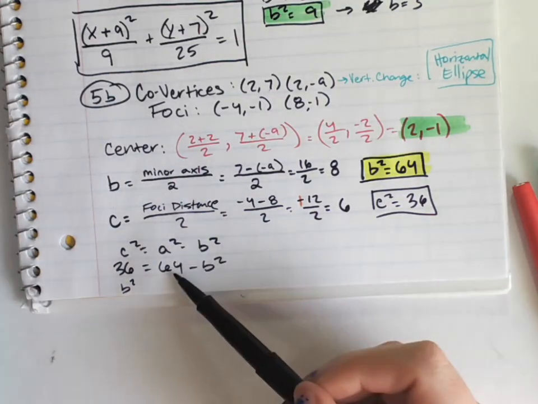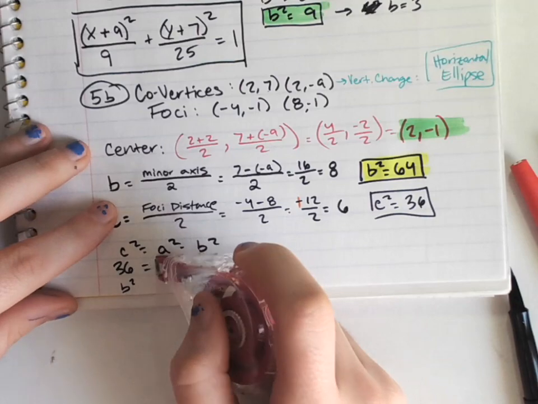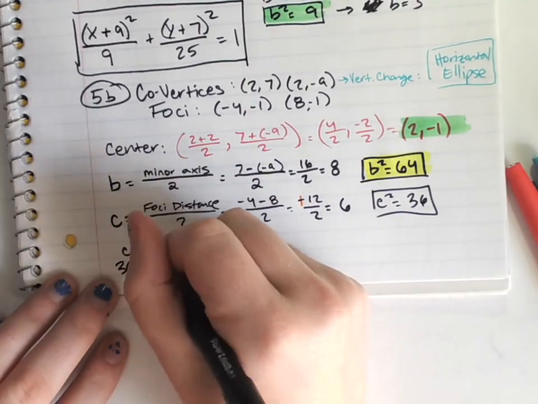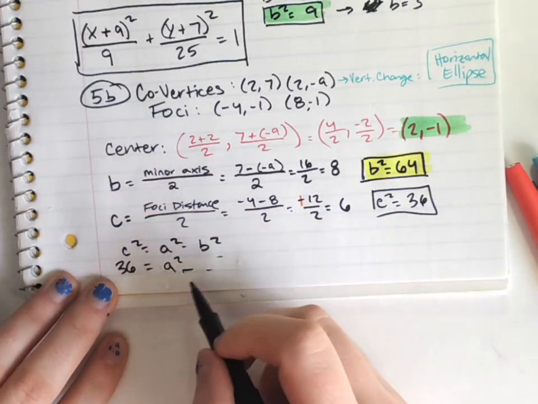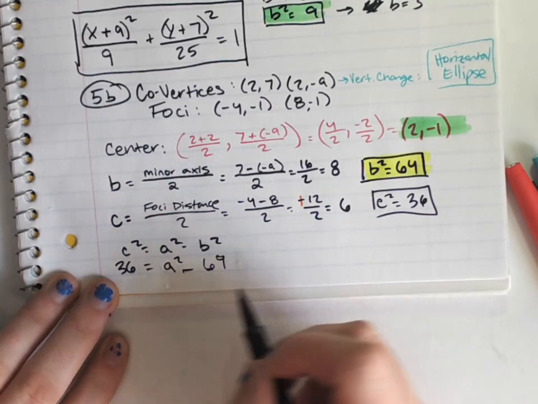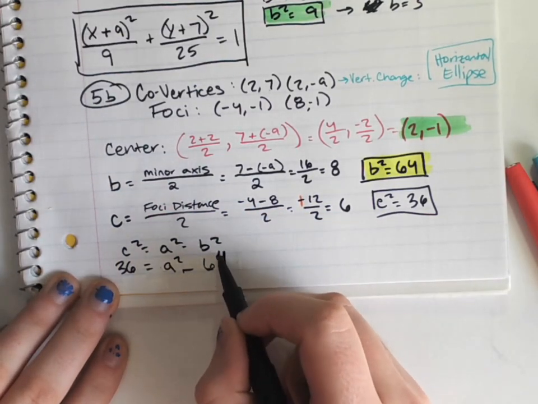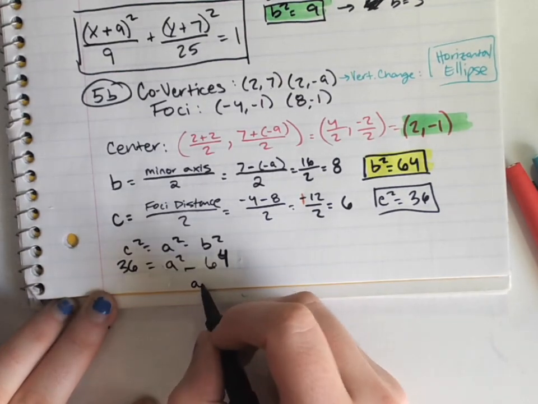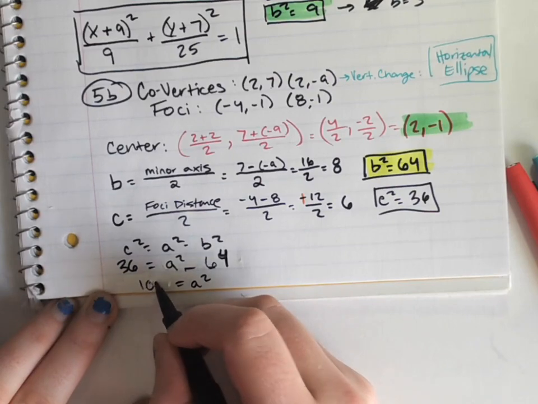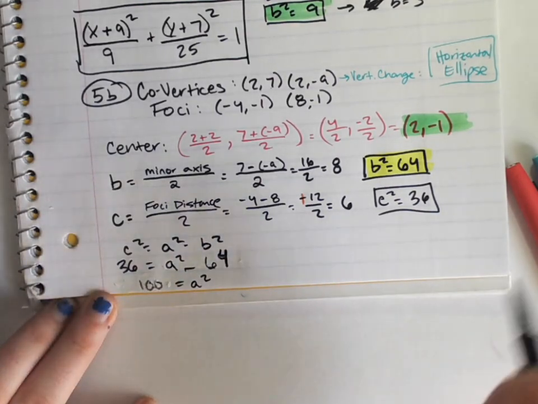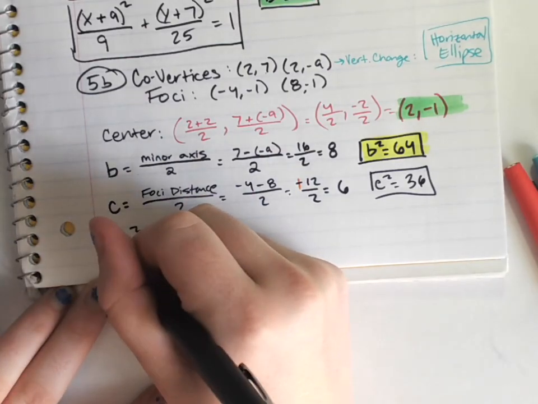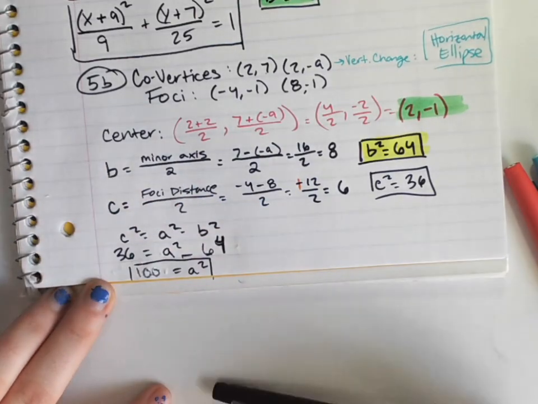Do you guys see how I put the 64 in for A? Don't want to do that. We're trying to find A squared. We know what B squared is. That one's 64. My bad. So let's add 64 on both sides instead. So A squared is equal to 100, I'm done. We're good. We can start using that now.